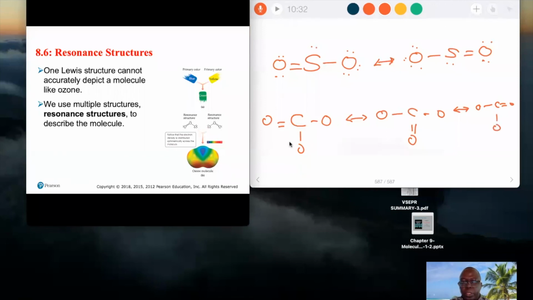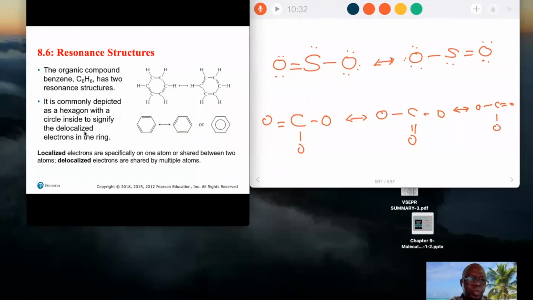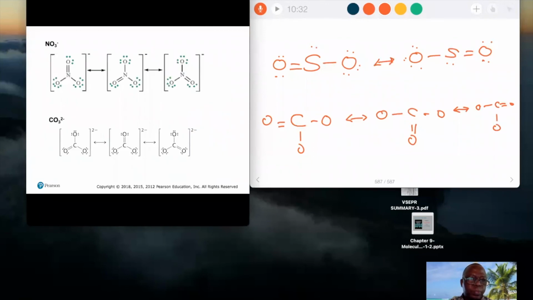What I want you to see is these arrows indicate resonance structures. All these are possible resonance structures. It's just moving around either a double bond or a triple bond.